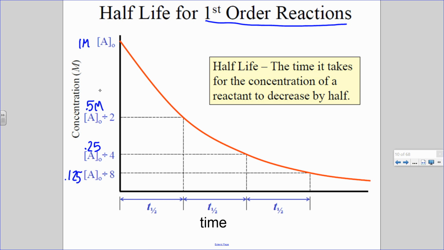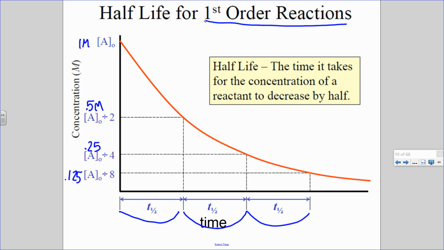We're just cutting it in half each time. Each time we're dividing it by 1/2 again. We notice that the time interval for this half of it to react is the same every time. So if we want to cut this in half, it'll be the same amount of time as it was for the first time, the second time, the third time.